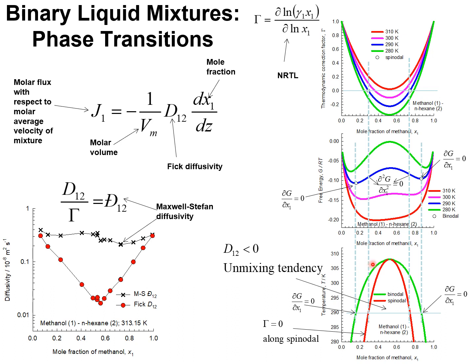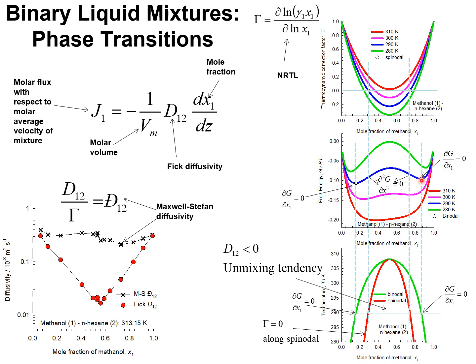The mixture of methanol and hexane undergoes phase splitting at temperatures below about 308 Kelvin. The green line represents the binodal curve, which is defined by the minimum in the Gibbs free energy, say at 290.